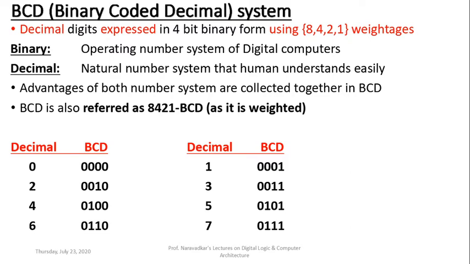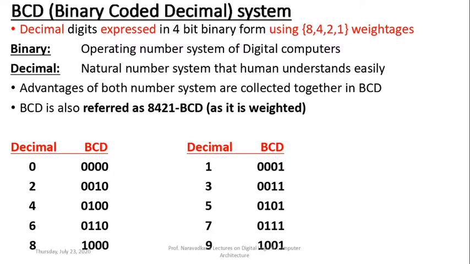Next is 6. 4 plus 2 is equal to 6. Accordingly, the middle two bits in the representation will be 1, and the leftmost and rightmost bits will be 0 here. So 6 is equal to 0, 1, 1, 0. Then 7, that is 4 plus 2 plus 1. So three weightages are to be added here accordingly. So the representation in BCD will be 0, 1, 1, 1.